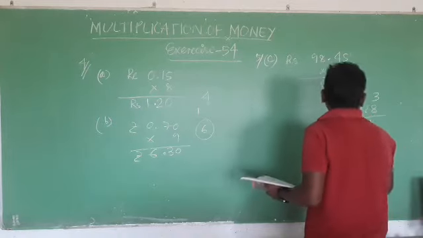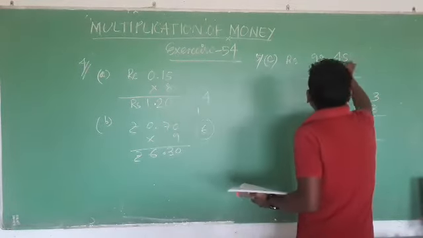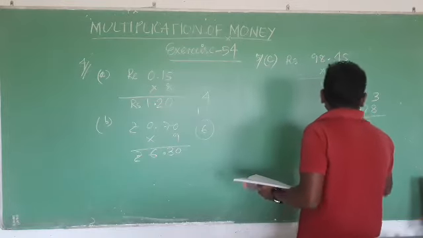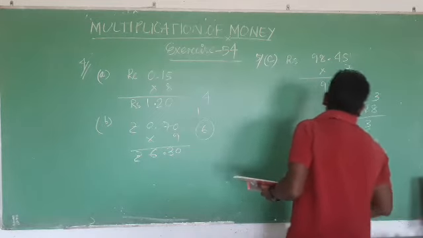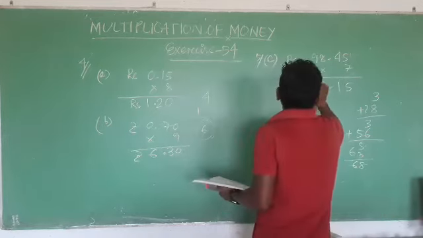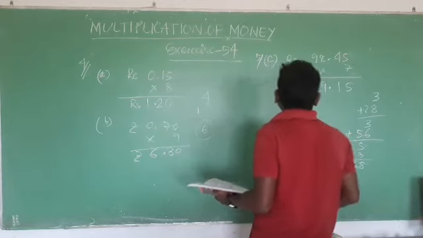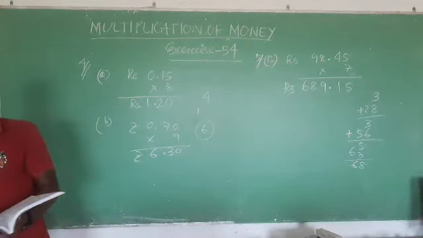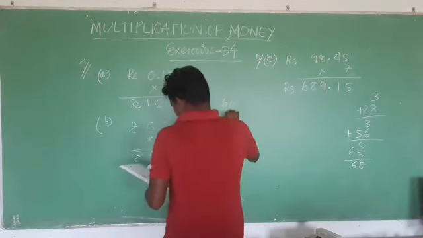So 9, again 5 will be taken as carry here. 7 9 is how much? 63 again, right? That is equal to 68 total. So 68. This is rupees this much. 689.15 paisa.